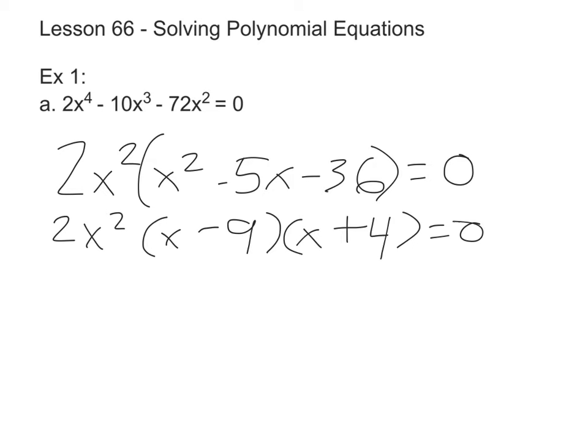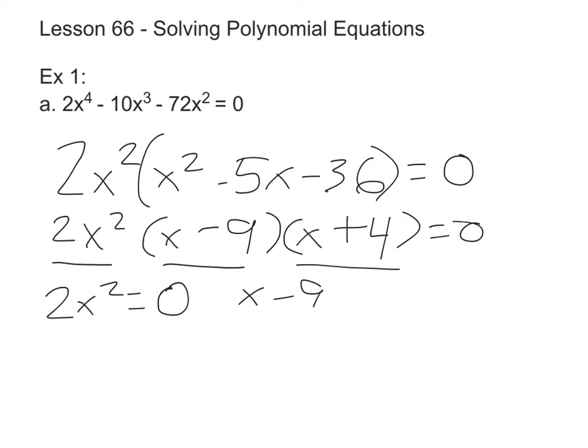So at this point, we have the 2x squared, we have the x minus 9, and we have the x plus 4. What we're going to do is take each one of these and set them equal to 0, and then solve for x. Now the good news is if we go back to the 2x squared, we would divide both sides by 2.